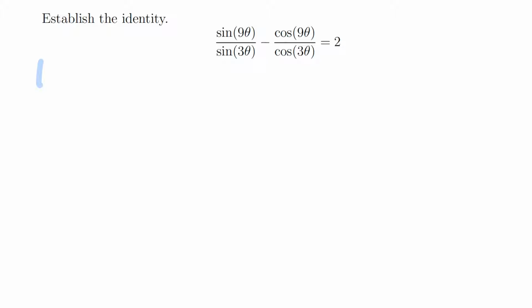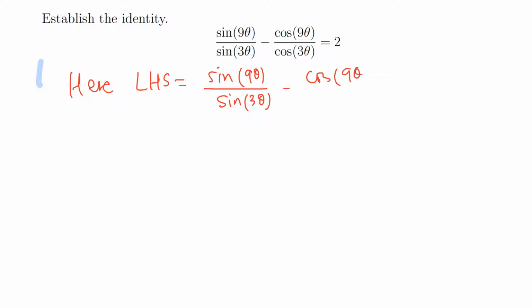Left hand side is sine 9 theta over sine 3 theta minus cosine 9 theta over cosine 3 theta. So we have a fraction minus another fraction. To combine these two fractions, we need to make a common denominator.